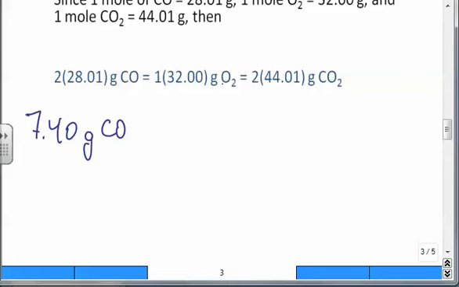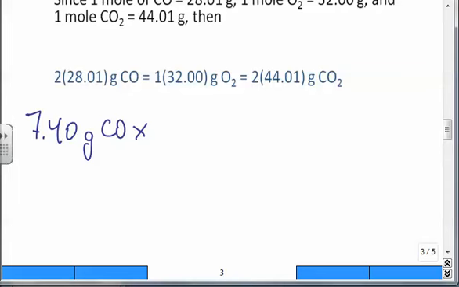We're always going to follow a standard strategy, and this is true anytime you are given a mass in grams and you need to go to a mass of something else in grams, whether that something else be another reactant or your product. You're always going to go from grams to moles to moles to grams, and this should be your mantra for this type of problem.